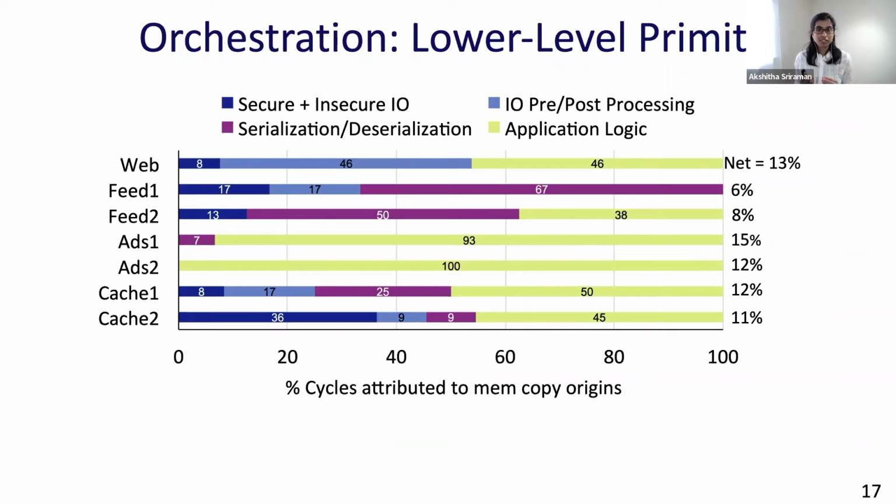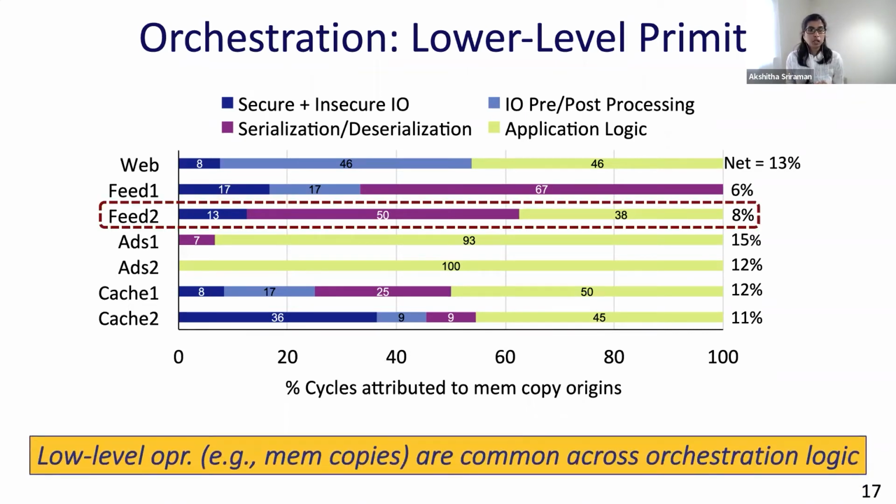Additionally, we find that even among these common orchestration operations, there are even further lower level primitives that are common. For example, in this graph, I'm showing you the cycles spent by the various orchestration operations on the low level memory copy primitive.